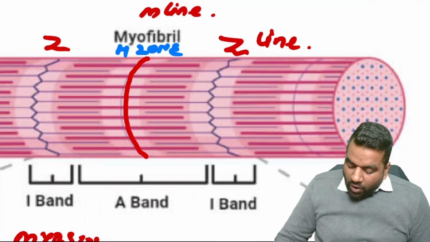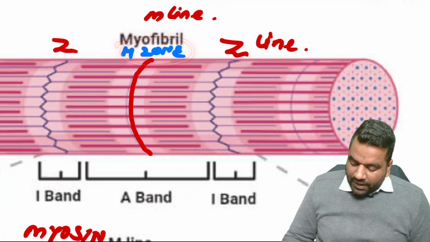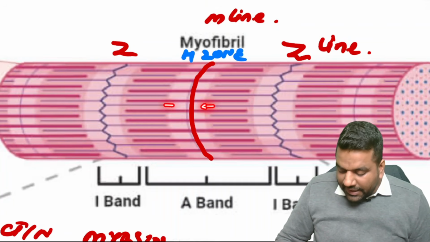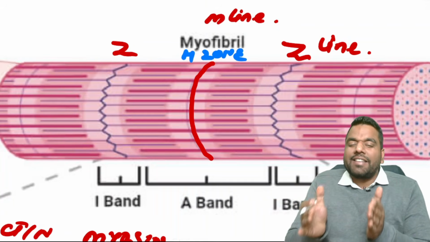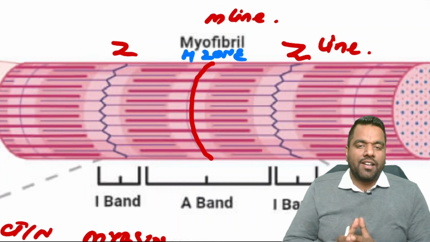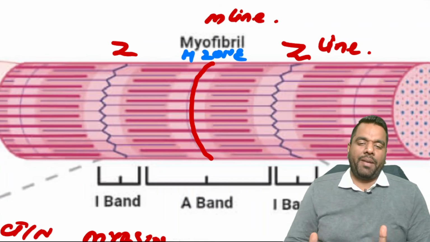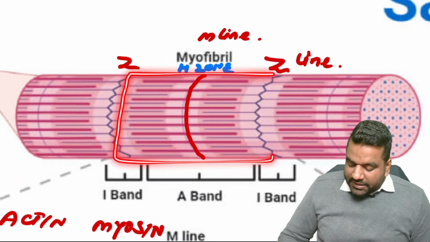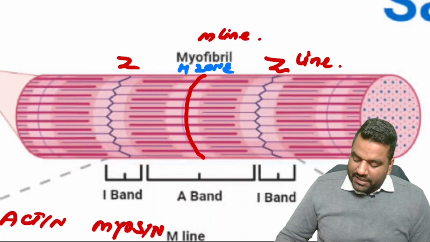But also, what happens with the H zone? Whenever the muscle contracts, this actin and this actin come closer, and the size of the H zone also decreases, and in severe contraction the H zone can disappear. So one more time, this is your sarcomere, which has the border lines which we call the Z line.